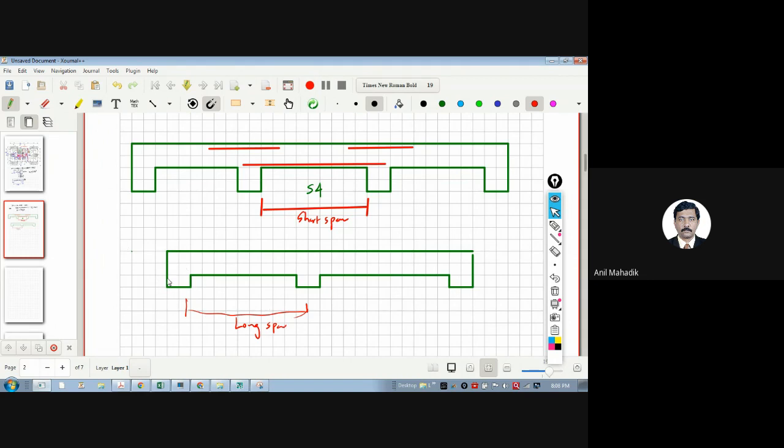One end is discontinuous. So this is your discontinuous end because there is no slab to the left side. And this is also your S4 only. Don't forget this. Now here what we are getting, ideally, there will be only bottom steel over here. And as there is continuity over here, we will provide the top steel along long span. This is your top steel along long span. This is your bottom steel along long span.